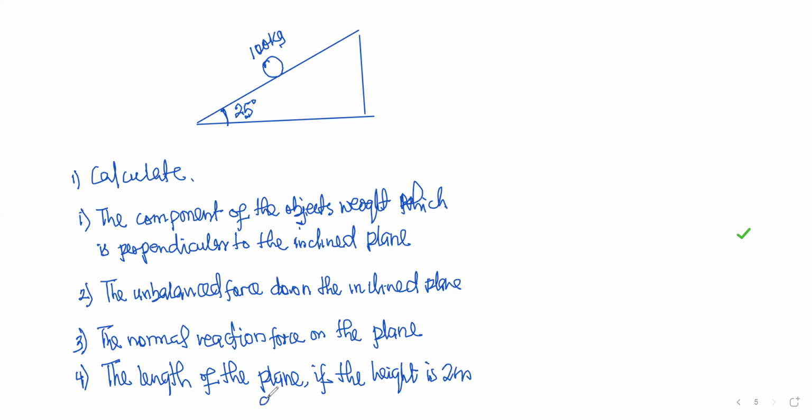Take g to be 10 meters per second squared. Can we try? So last question of the day. We are told the height of the plane is 2 meters. So just 5 minutes, attempt it, okay?